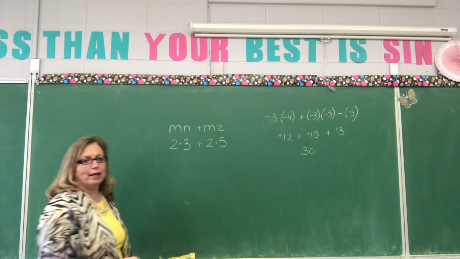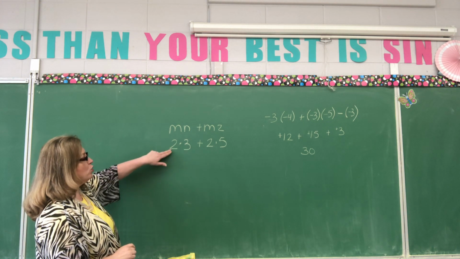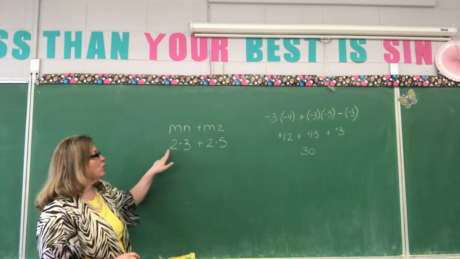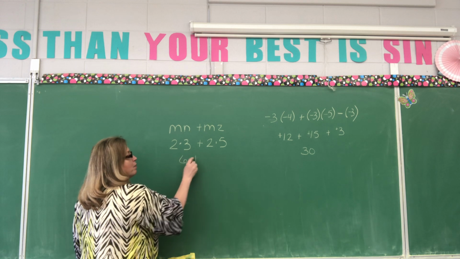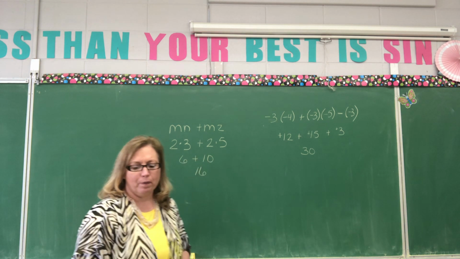All you had to do was write the problem, substitute, and then solve. M equals 2 in both places. N equals 3, z equals 5. 2 times 3 is 6, plus 2 times 5 is 10. My answer was 16.